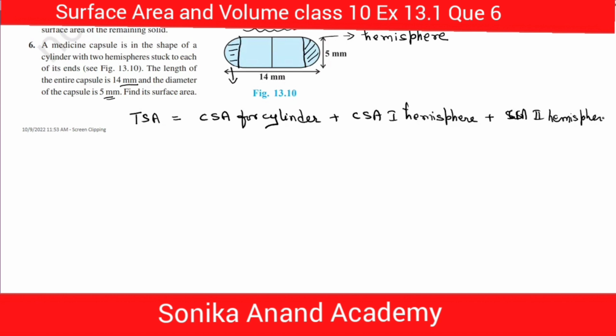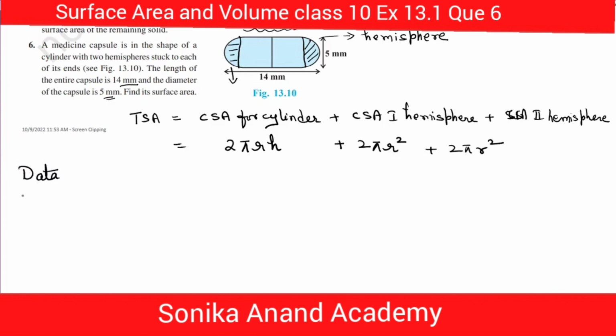Now what are the formulas? Curved surface area for cylinder 2 pi rh, for hemisphere 2 pi r square. Okay. So now we have to collect the data.